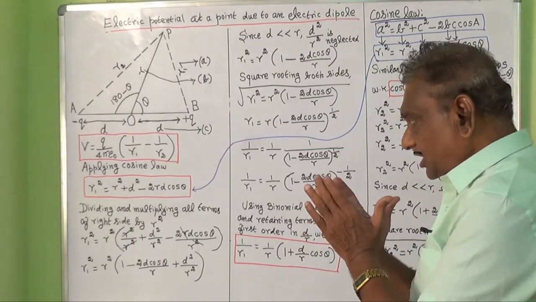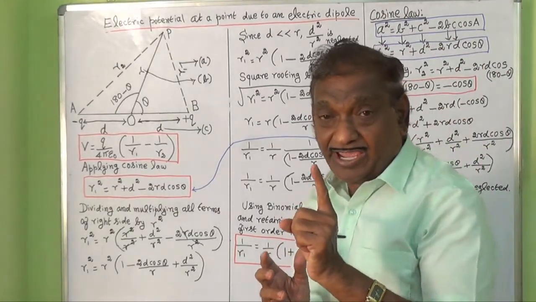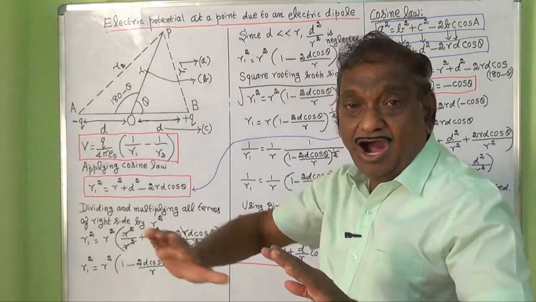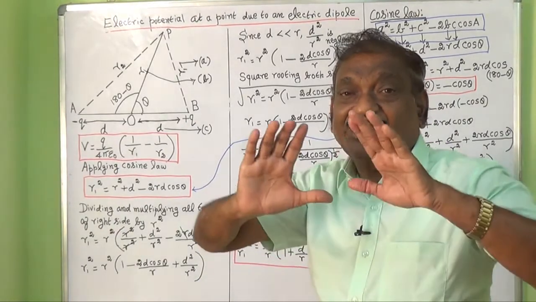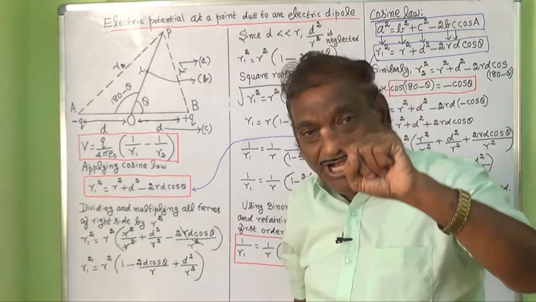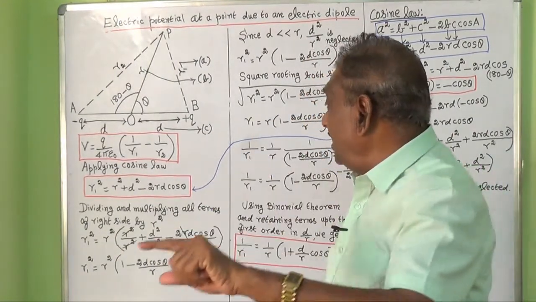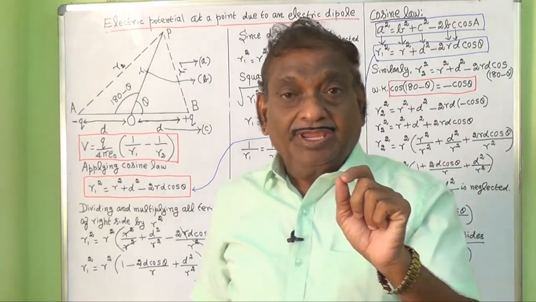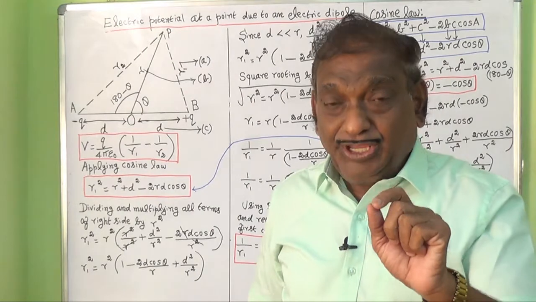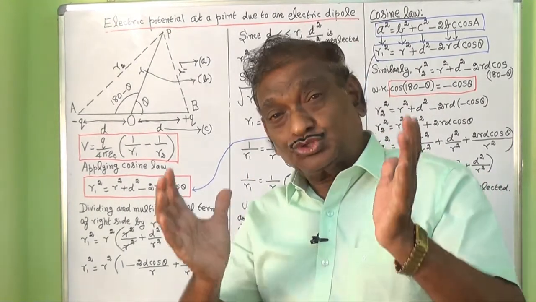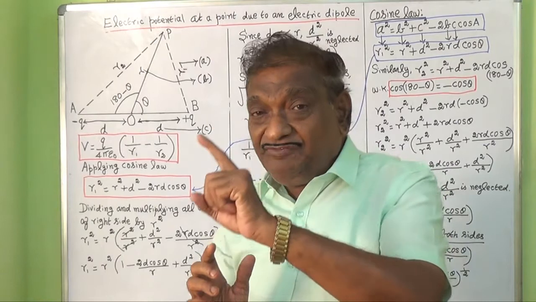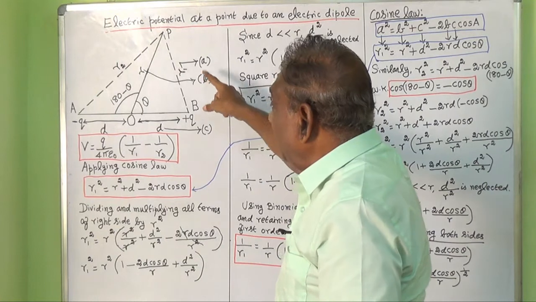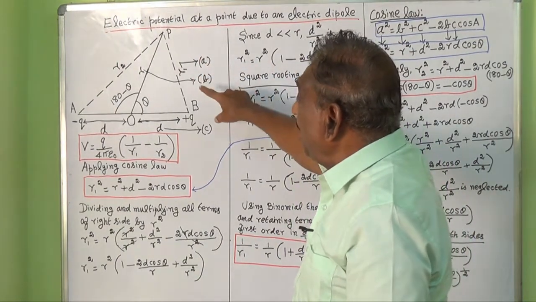Now our duty is to find 1 by R1. In this sum, R1 is not given directly. On applying the cosine law, we have to find R1. As per the cosine law, in a standard triangle, if we know any two sides and the angle between them, we can find the third side. Here we have to find the side R1.